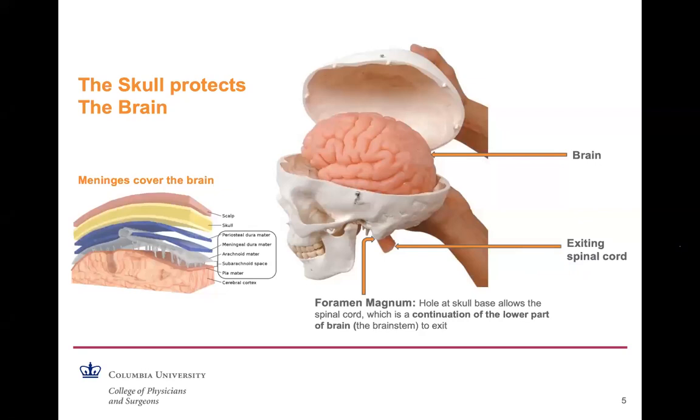And usually we turn off the machine that's sustaining that individual, and that is death. The brain is critically important, and the absence of brain function is really incompatible with life and considered death.